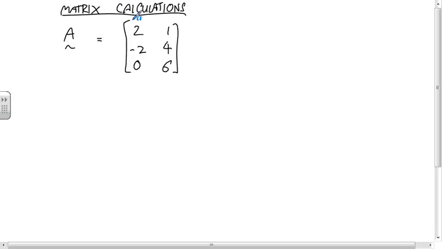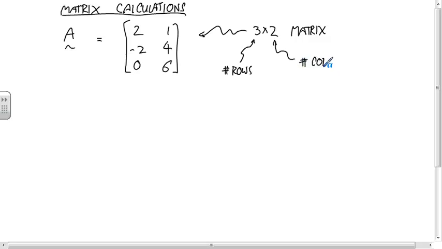Okay. So this matrix is called a 3 by 2 matrix. The first index refers to the number of rows, and the second index refers to the number of columns.